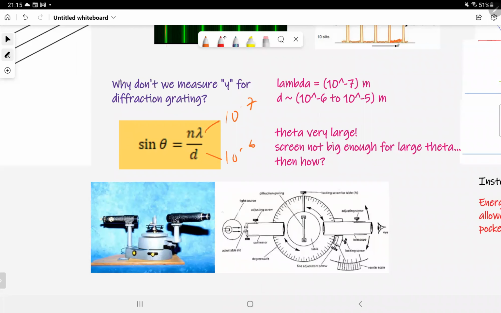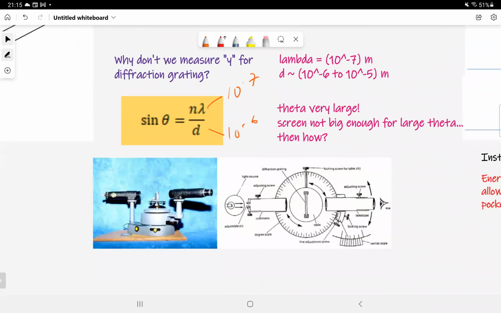Telescope is where you observe, you put your eye there, literally letting the bright fringe land on your eye. So you see it directly, and you can traverse it 90 degrees to each side of the principal axis and see the whole thing.